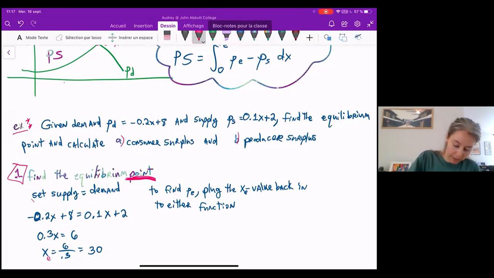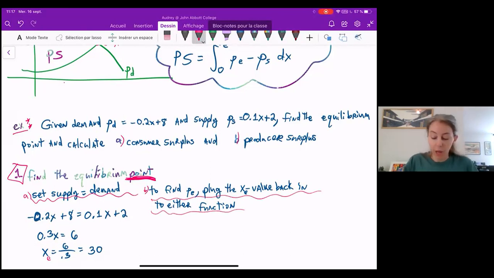So here we started by setting supply equal to demand, and now we're finding the y value, or rather the p value. So I'm just going to plug into 0.1 times x plus 2. So my P sub E will then be 0.1 times 30 plus 2, which is equal to 5.